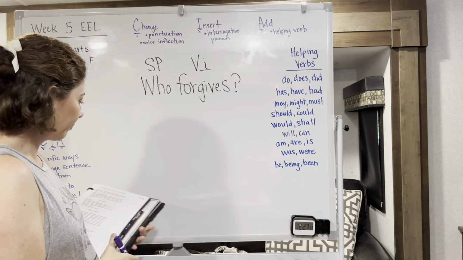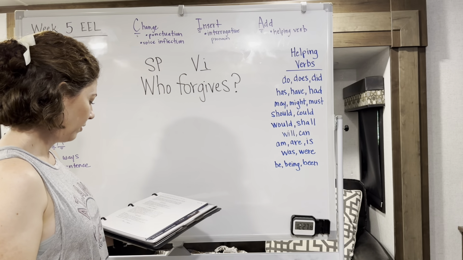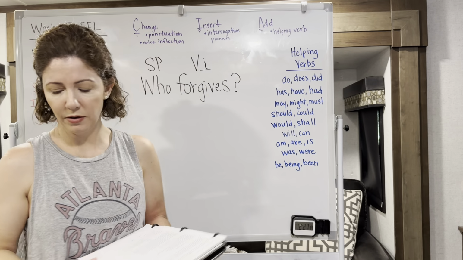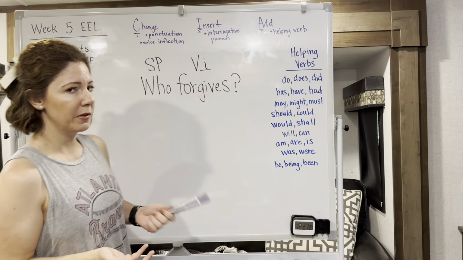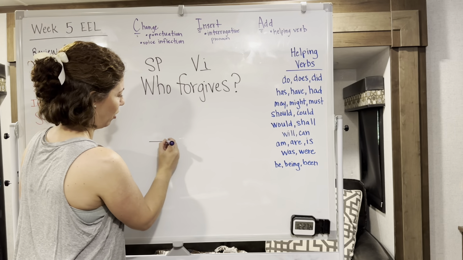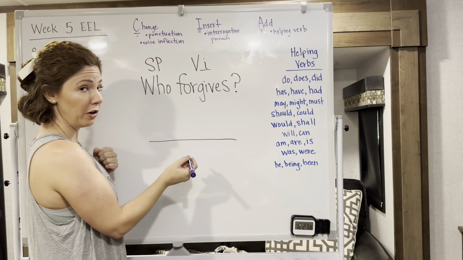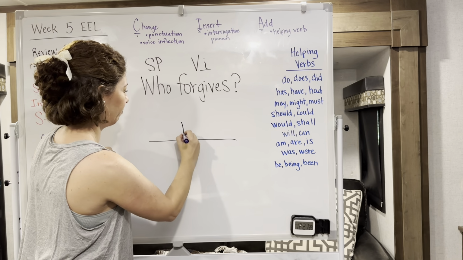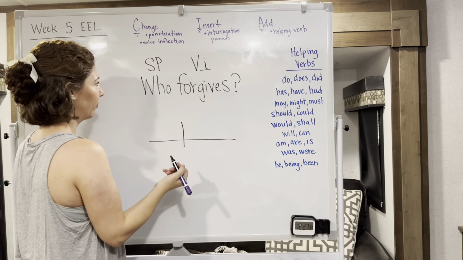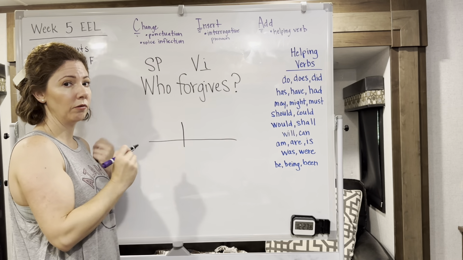Okay, and for diagramming, we're doing our same simple diagram. We're going to draw out our line for our subject and our verb, with a vertical line to separate our subject and our verb. Our subject is what? Who.